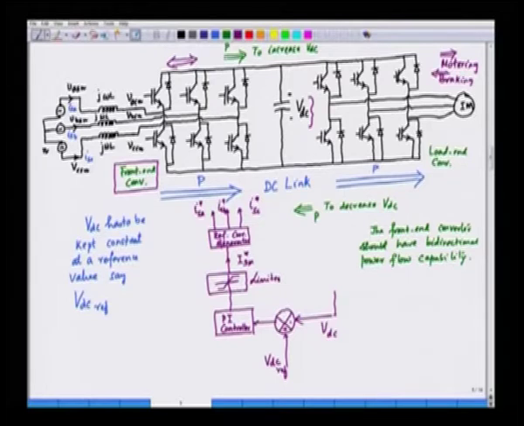Now, what we say here is the following, that we have the system and this is the source voltage Vs phasor.